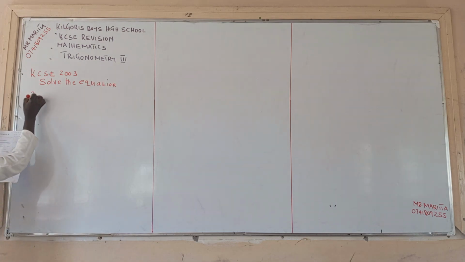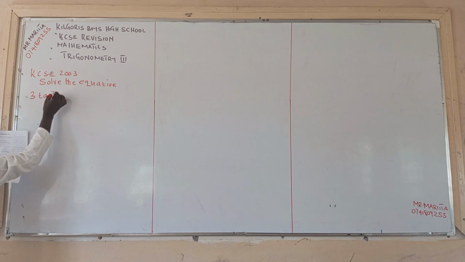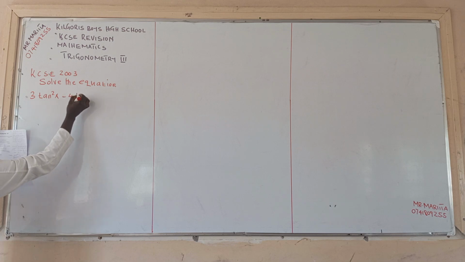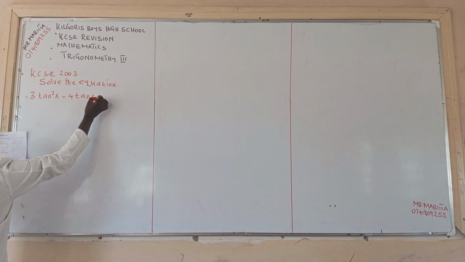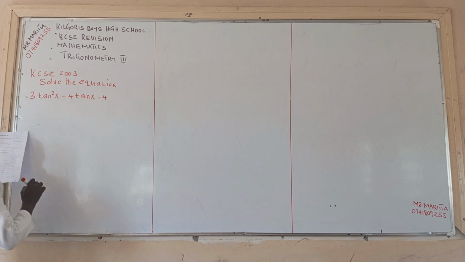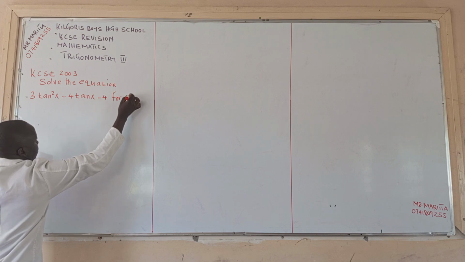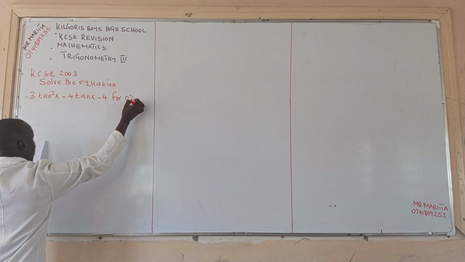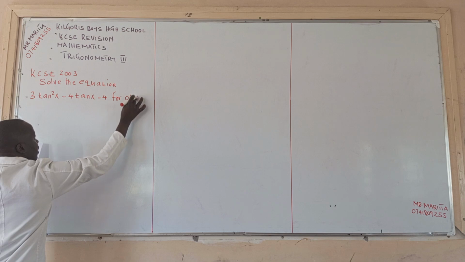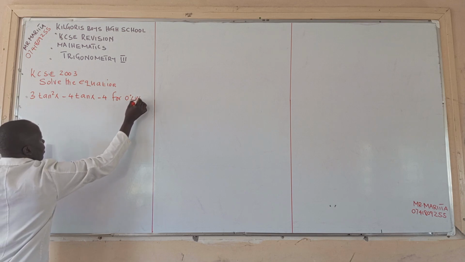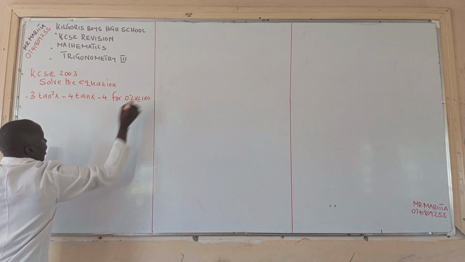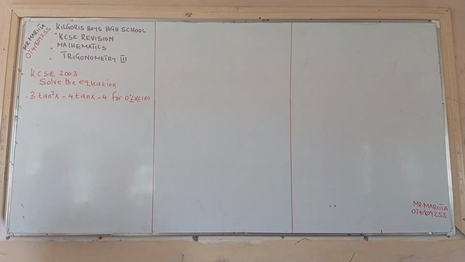Our question is 3 tan squared x minus 4 tan x, then subtract 4, for x between the range of 0 degrees and 180 degrees.